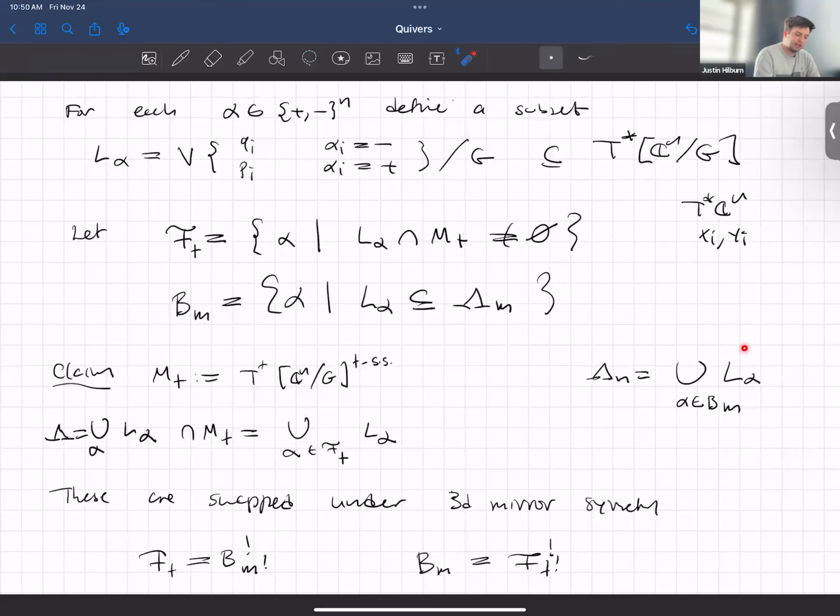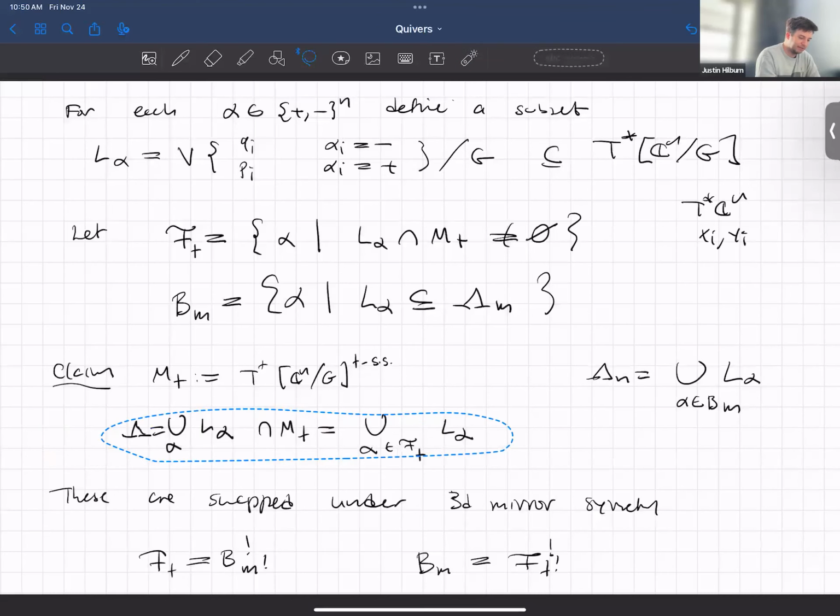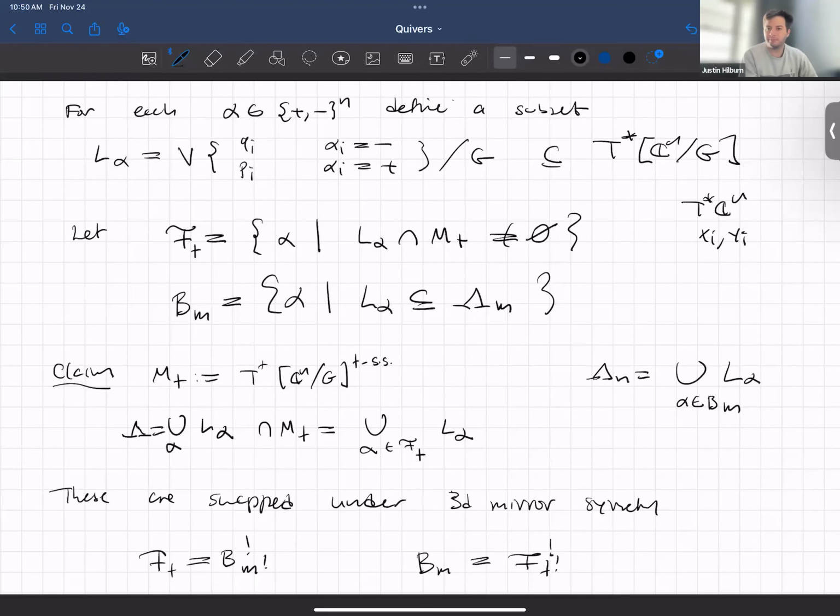And by definition, lambda m is just the union of all these bounded guys. So I haven't said anything interesting yet. I've just restated the definitions. But the interesting thing that I wanted to say is that these two sets are actually swapped under the 3D mirror symmetry. So basically the bounded chambers and the alphas that determine bounded chambers in one theory determine the feasible chambers in the mirror and vice versa.